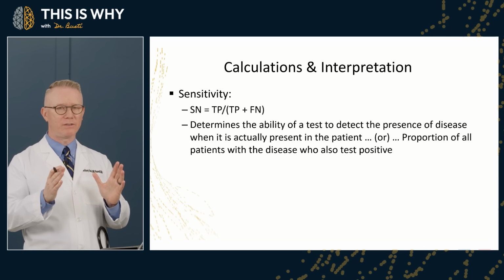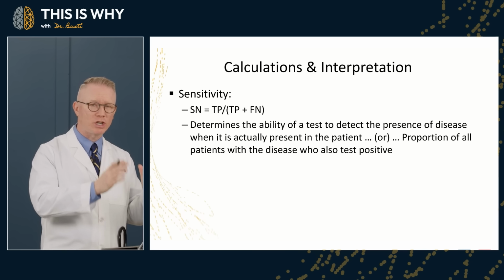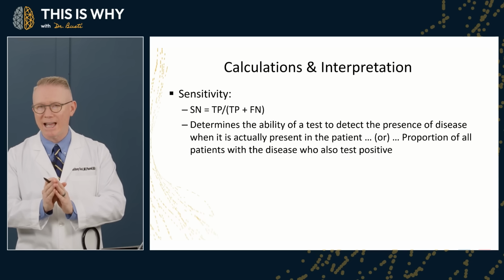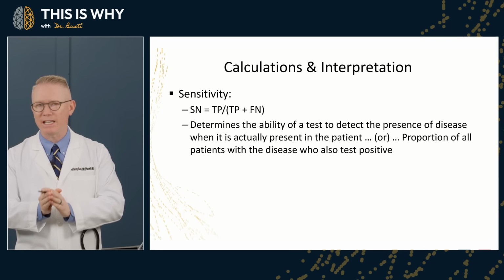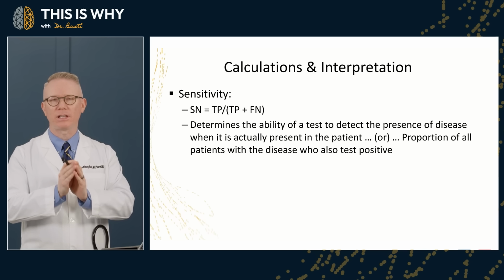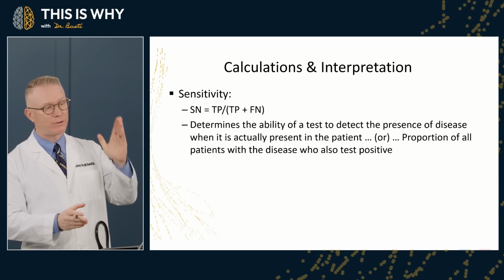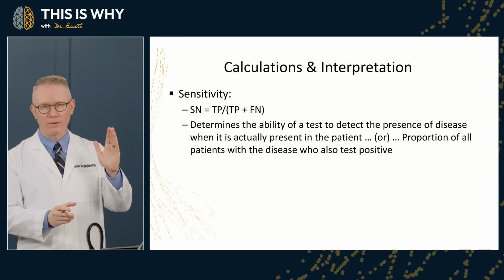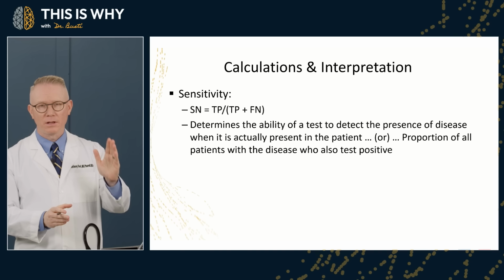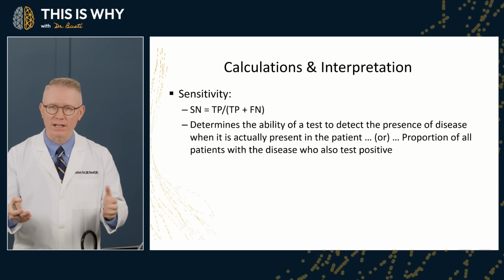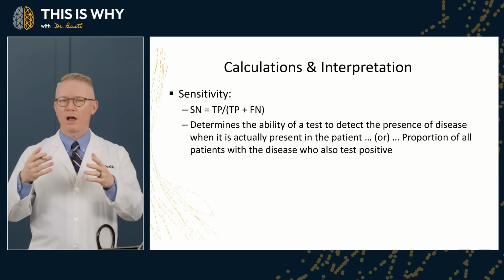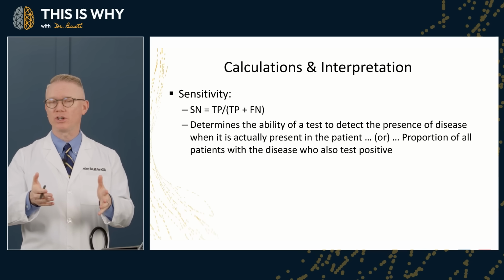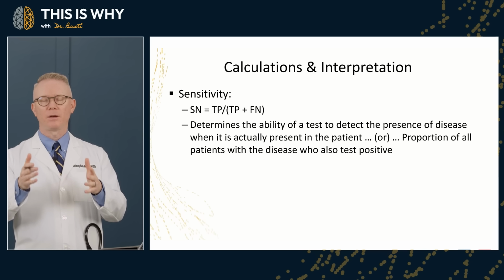But remember, sensitivity helps you to determine the ability of a test to detect the presence of a disease when it's actually present. That's why you have true positives in that formula. You do not want false negatives. The other way you could say that is the proportion of all patients with a disease who also test positive.